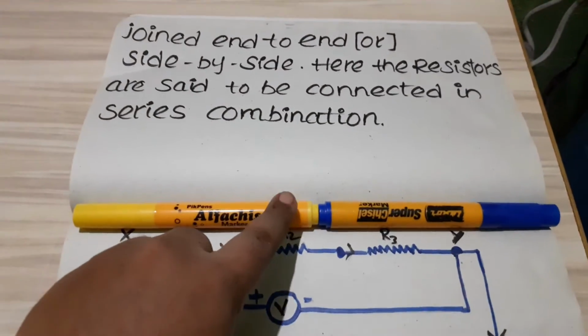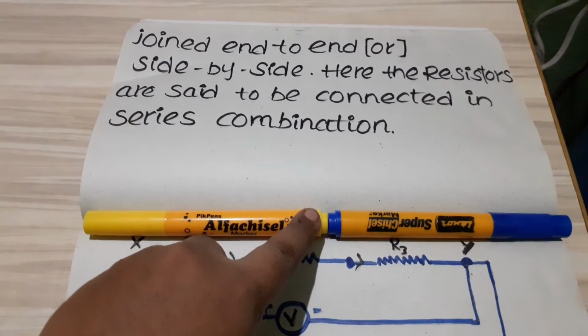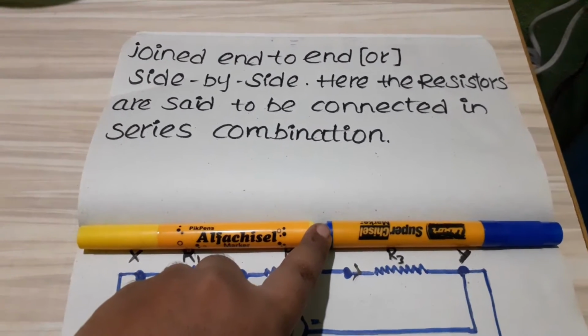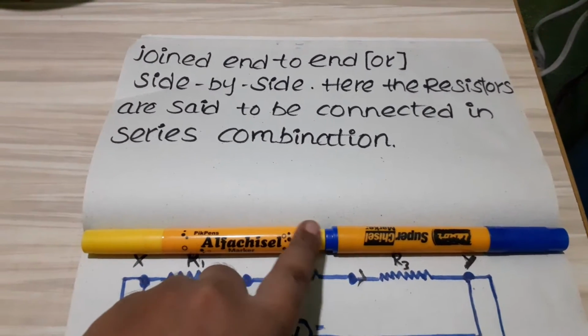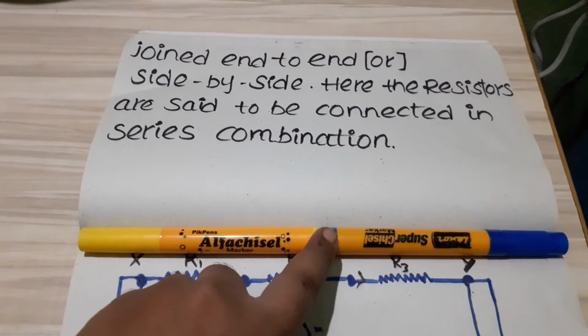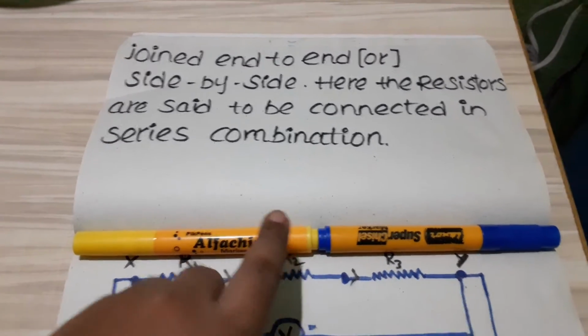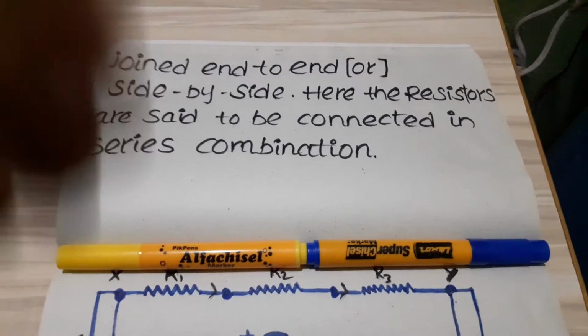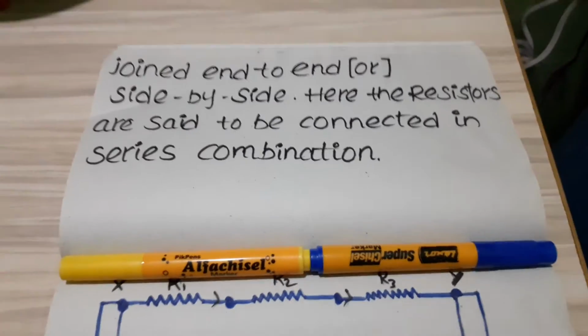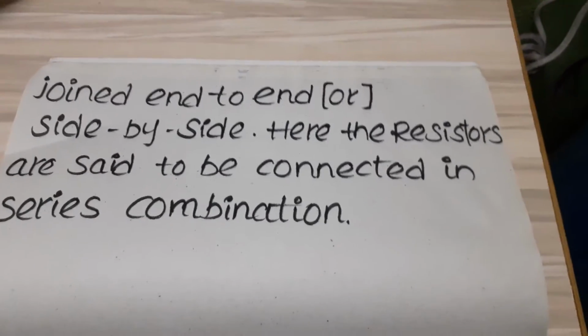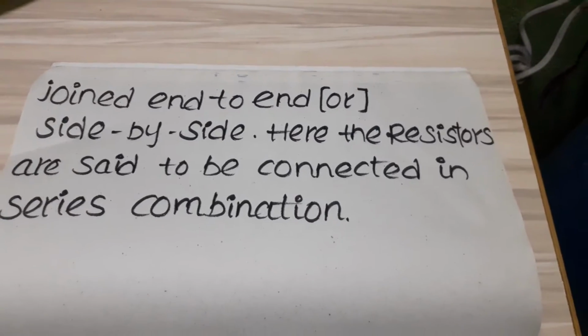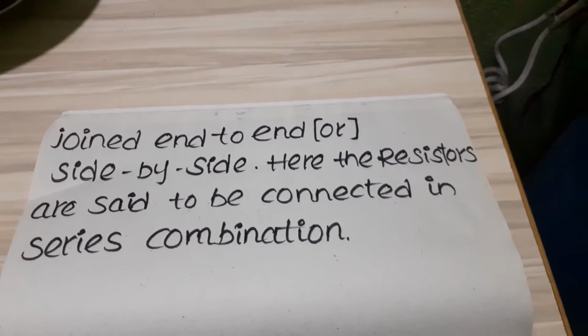This is one end of the resistor R1, and this is one end of the resistor R2, joined end to end. This is called end to end combination, and also side by side combination. That combination is called series combination.